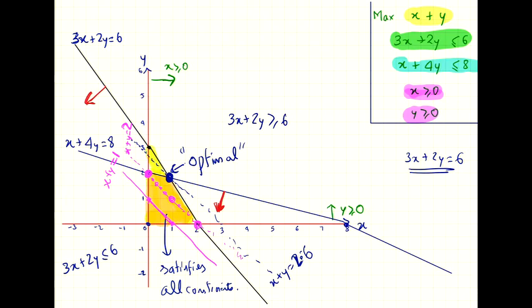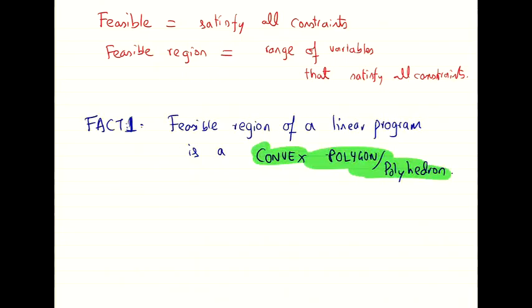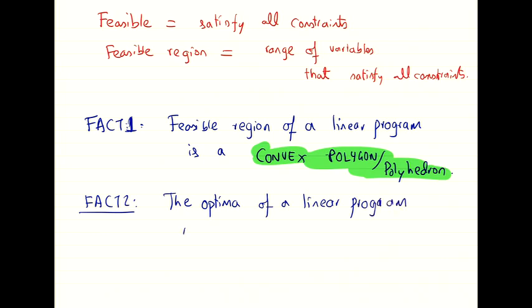But basically, the fact that you want to arrive at, you could prove in many ways. The fact you should remember is the optimum of a linear program occurs at a vertex of the polygon or polyhedron.